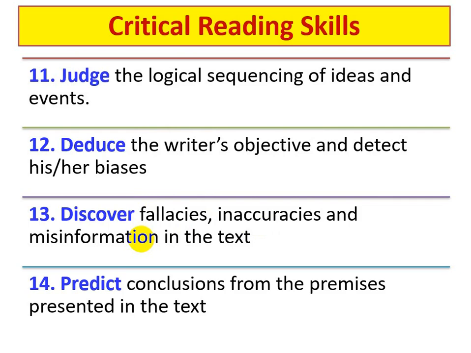Because a lot of fallacies or inaccuracies or misinformation may be provided in a given work, in a given text. And this may be explicit or even implicit. So you have to be able, using your critical reading skills, to discover these fallacies or these inaccuracies.